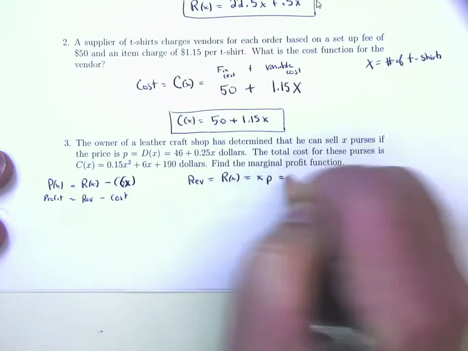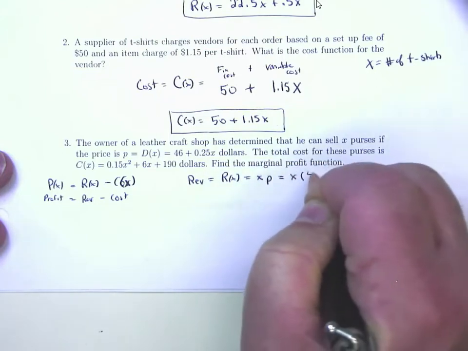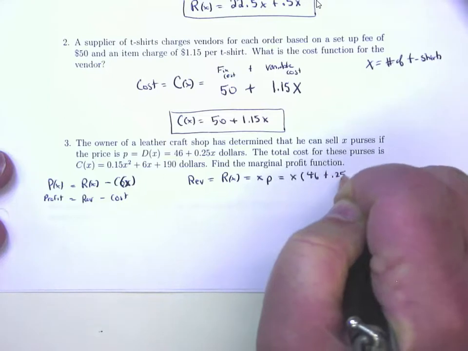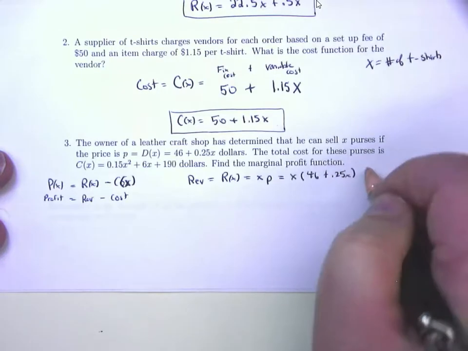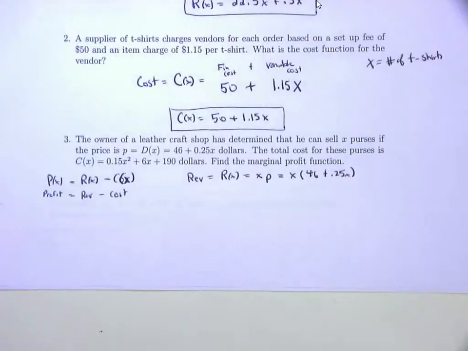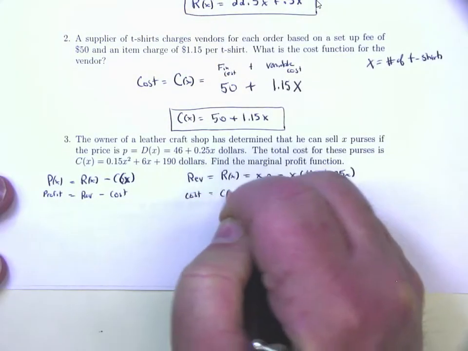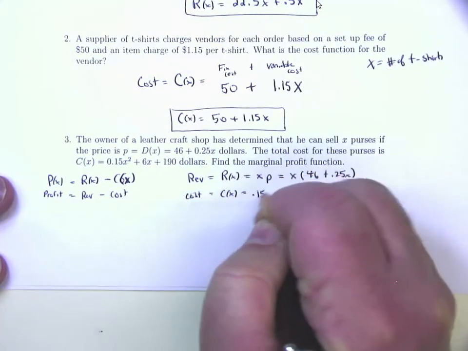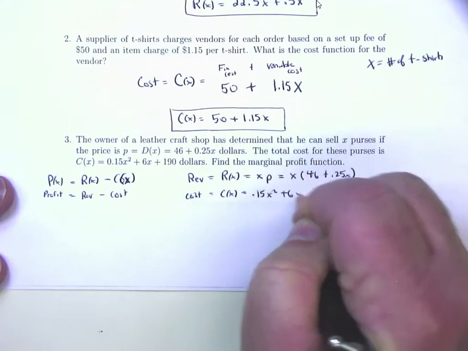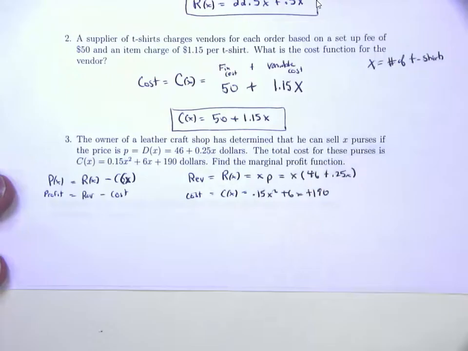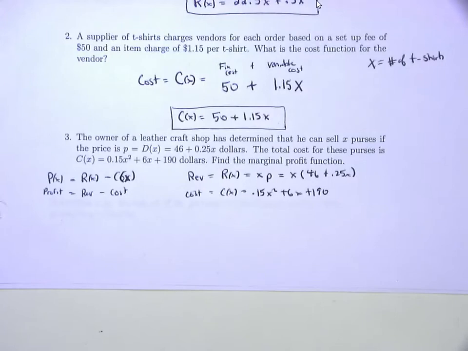X times P. That's going to be X times 46 plus 0.25X. And so there's my revenue equation. I'll clean it up later. The cost equation, that's awfully nice of them, they gave it to me. Big C of X was 0.15X squared plus 6X plus $190. So I don't have to do anything to come up with the cost.